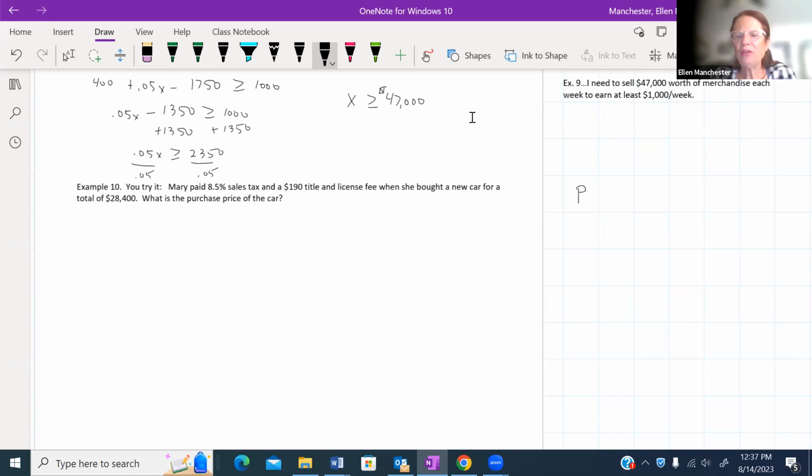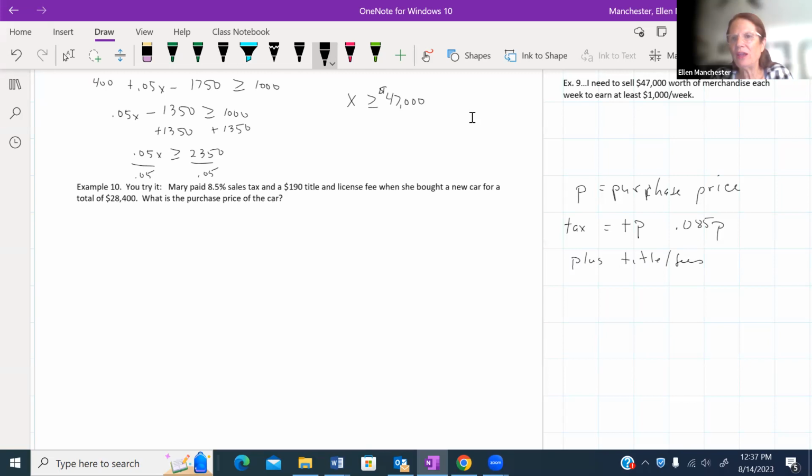Whenever you're buying a car, your car is the purchase price. So we're going to call P the purchase price. And then your tax is the tax rate times the purchase price. So in this case, our tax is 0.085 times P, plus any title and licensing fees.